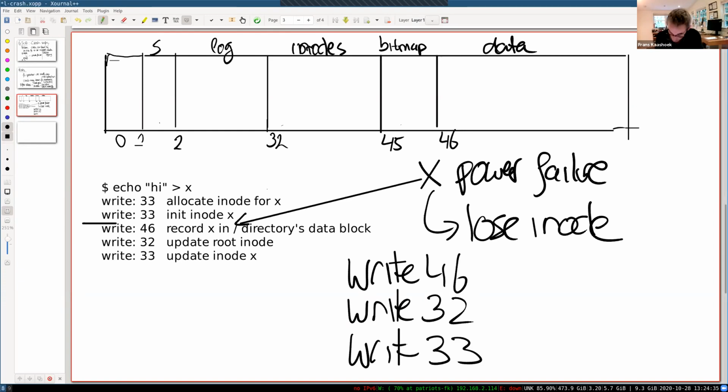So we do the same set of operations in a slightly different order, in the hope that we avoid this problem of losing the inode. And would this work?